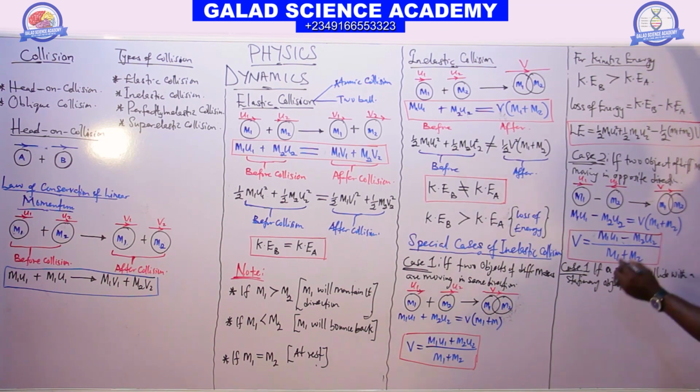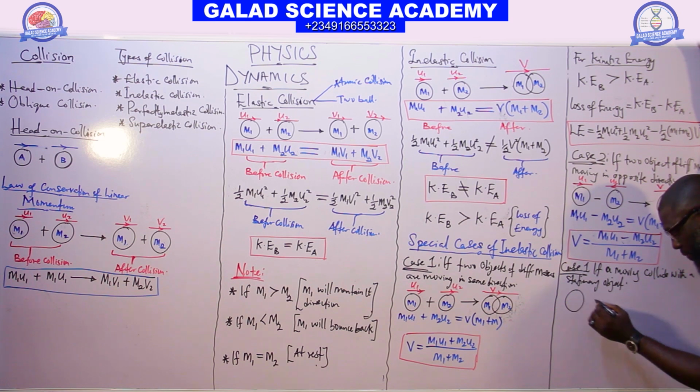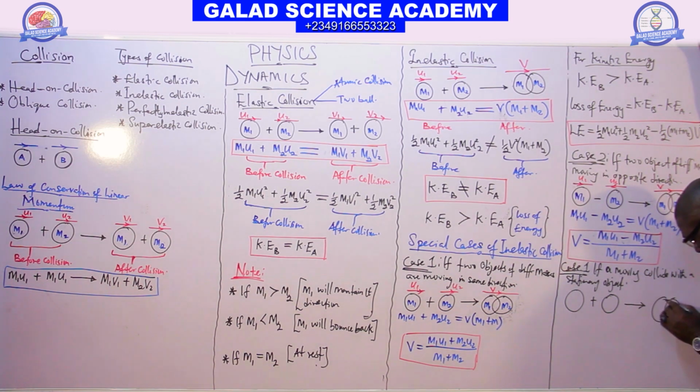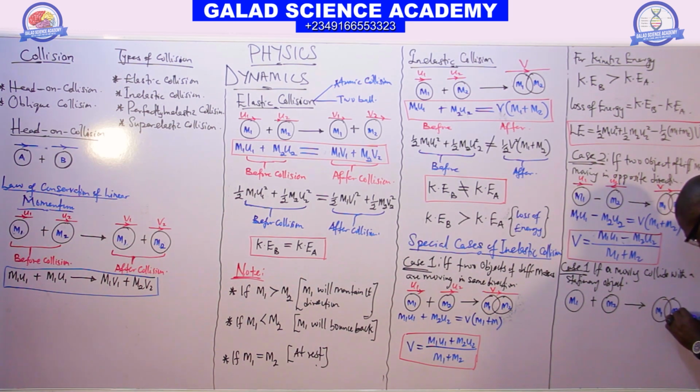So in this case, we have a moving body. One body will be moving, plus the second body, which is stationary, to give you the two bodies after collision. So here we have masses M1, M2, M1, M2.